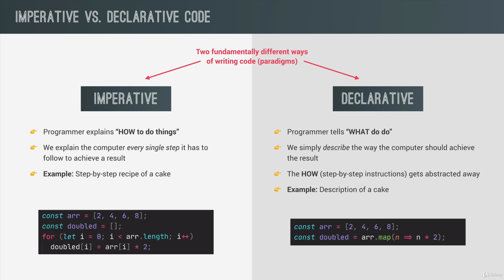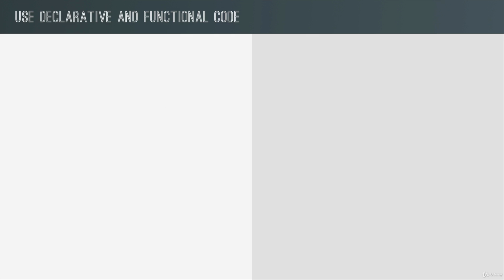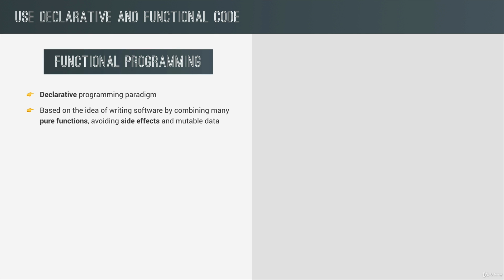The declarative paradigm is actually a really big and popular programming paradigm, which has even given rise to a sub-paradigm called functional programming. And functional programming is basically a declarative paradigm which is based on the idea of writing software simply by combining multiple so-called pure functions while avoiding side effects and mutating data.